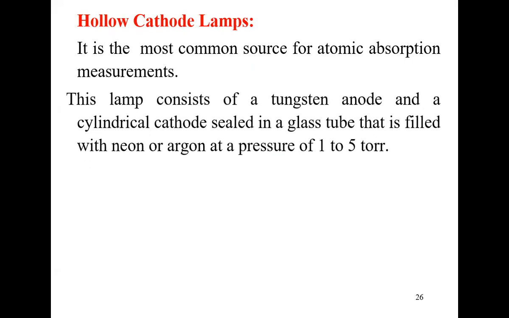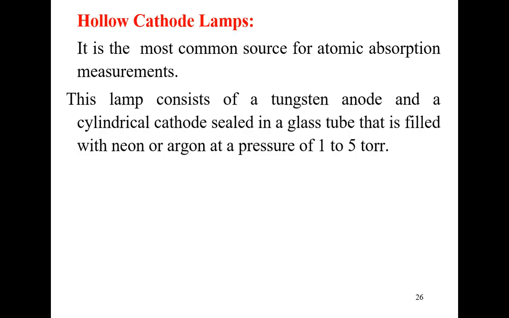This lamp consists of a tungsten anode and a cylindrical cathode sealed in a glass tube that is filled with neon or argon at a pressure of 1 to 5 torr. Remember, we say that the glass tube should be made of quartz. And remember the pressure of neon: it's filled with neon at what pressure again? 1 to 5 torr.